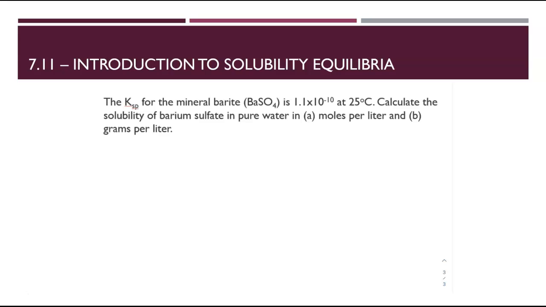The first thing we need to look at here is an ice table. We know the reaction would be barium sulfate, BaSO4, as a solid, breaking apart into its two ions, barium and sulfate.